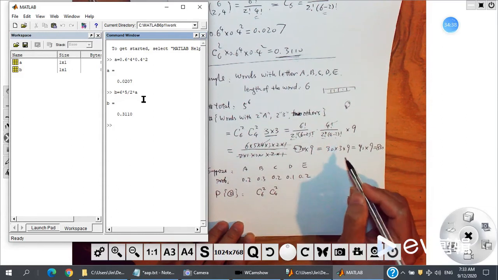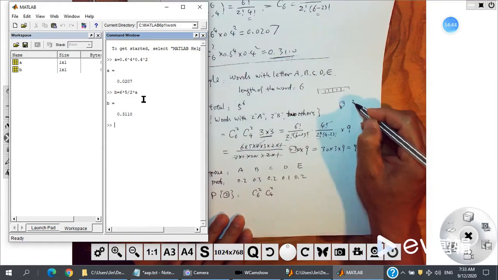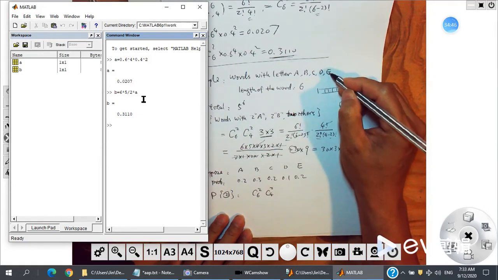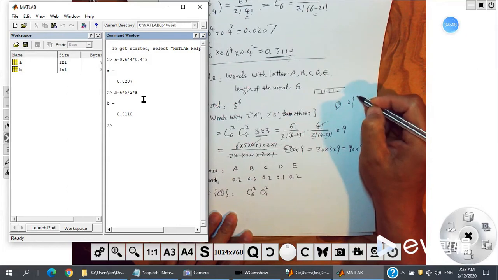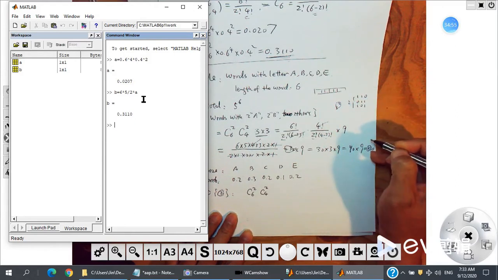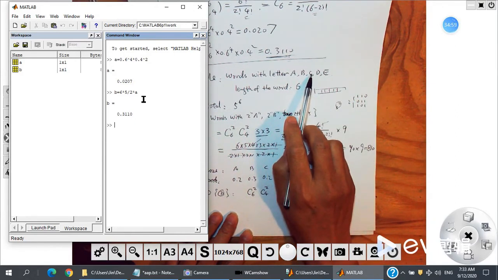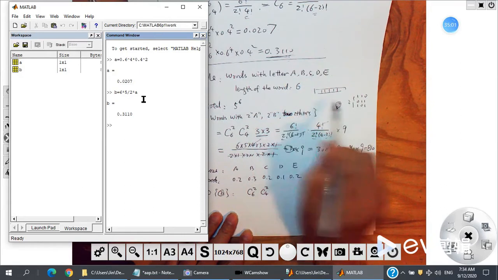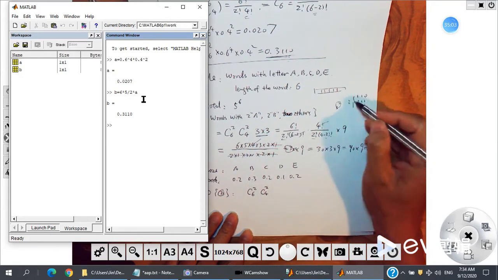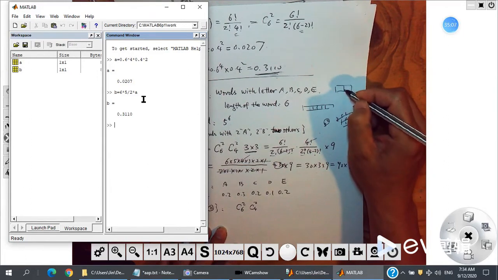So we can write it this way. I have 2 locations, and I choose from these 3 cases: 1, 1, 0, or 0, 1, 1, or 1, 0, 1. We pick 2 locations.